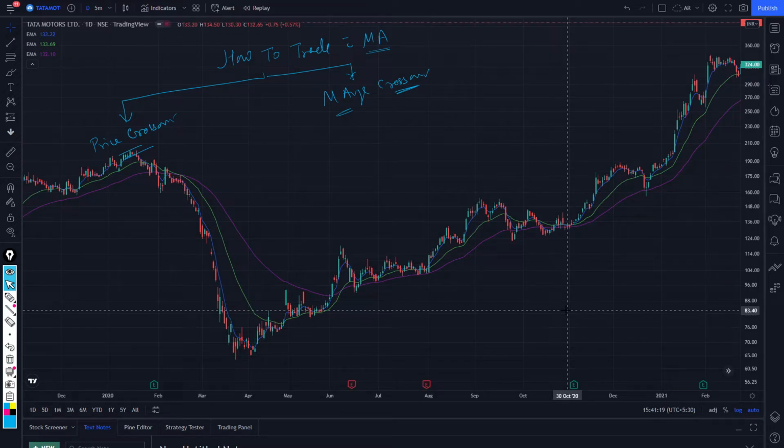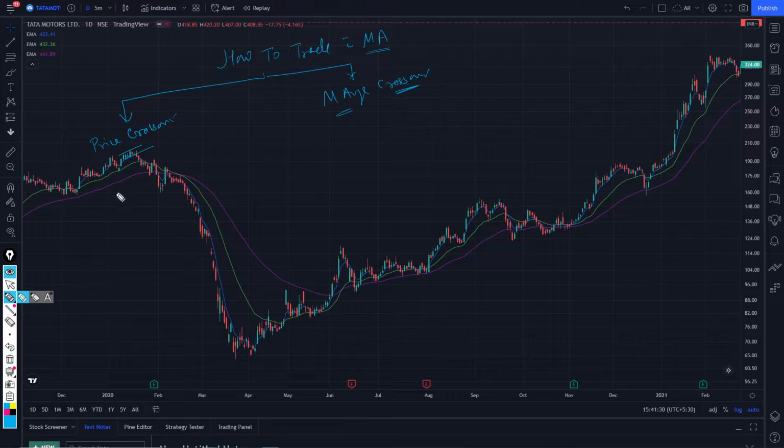Price crossover means when the candle crosses over this 50 period average. It depends on you. You have to take the decision whether you will be using the 20 period, the 50 period, or the 200 period moving average. It all depends on you, because it's your investment or trading decision.